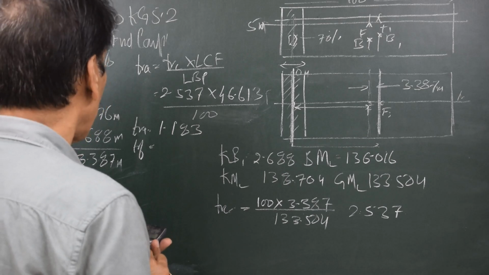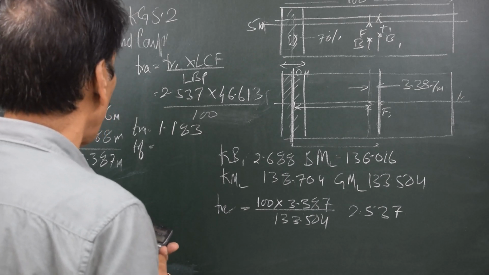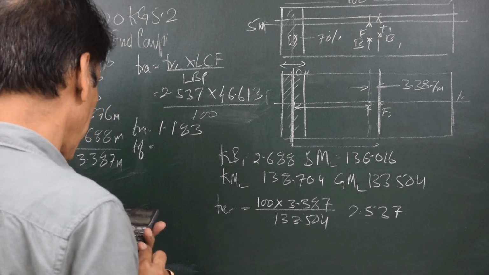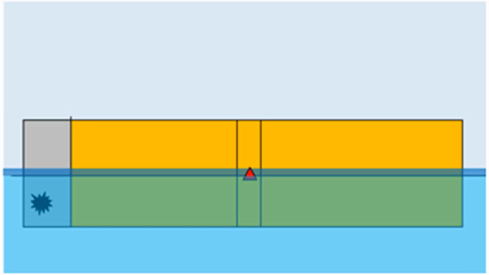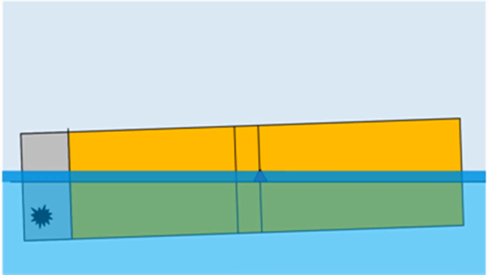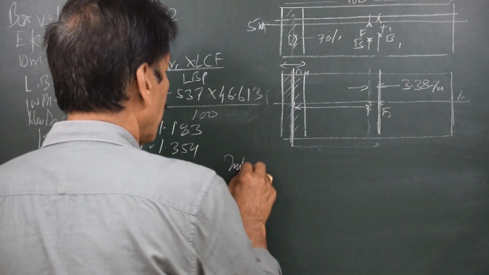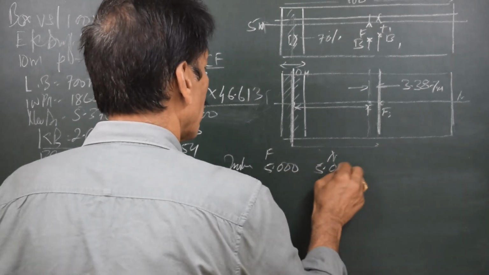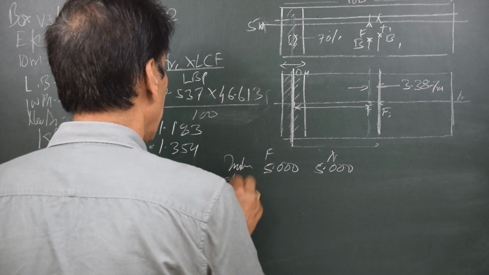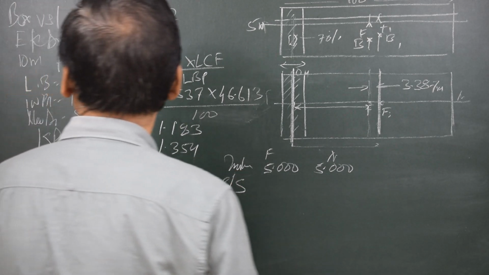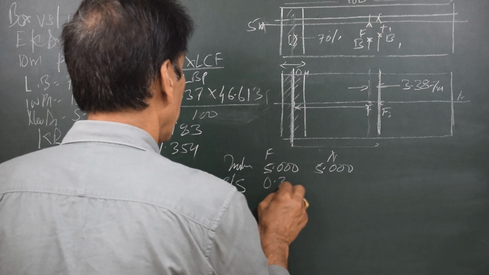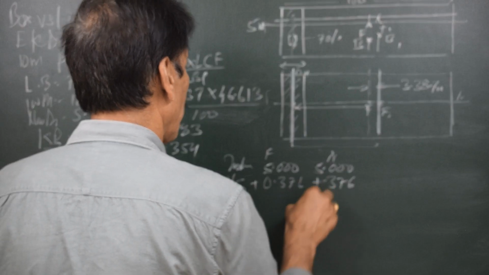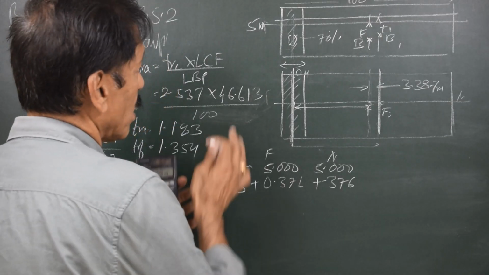So if I subtract it from TRC, TRC is 2.537. This gives me 1.354. So the final calculations will be like this. Initial drafts forward and aft is 5.000, 5.000, and then there is bodily sinkage, and what is the bodily sinkage? 0.376, that will be plus, and then there is damage forward.